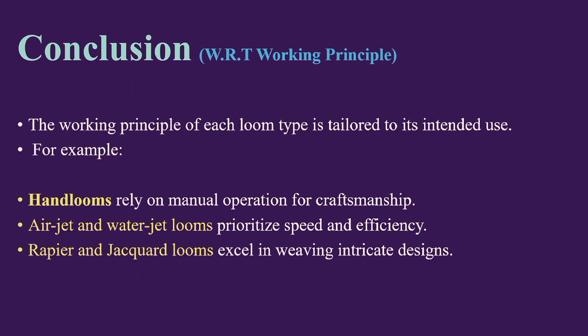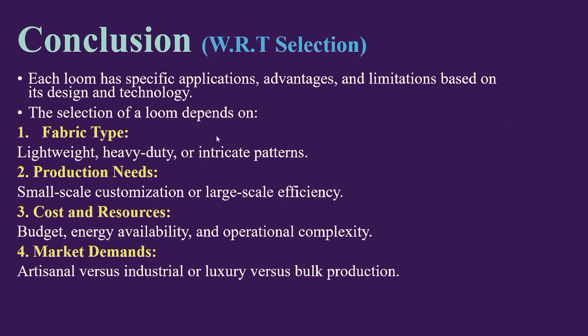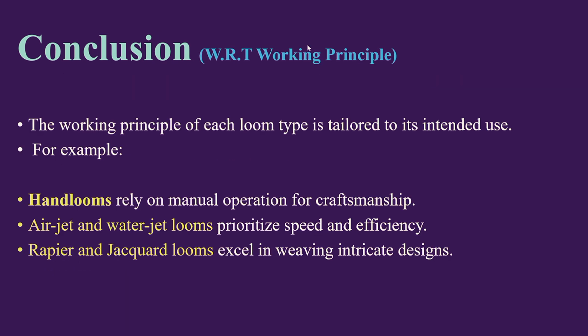Conclusion with respect to working principle. In previous slide, we have discussed conclusion with respect to selection. This is conclusion with respect to working principle. The working principle of each loom type is tailored to its intended use.